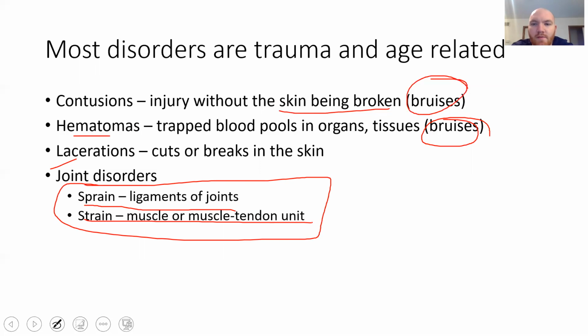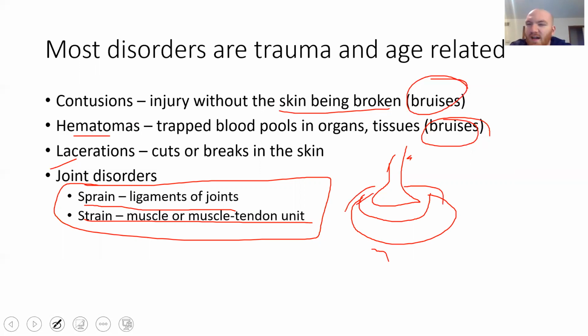So in a joint, this is not going to be the best drawing ever, but you have one bone here along the top, and then your other bone that it'll connect to. A ligament is a rope-like material that will hold the bones together, while the muscle is what will do the pulling. So remember that a sprain is on the ligaments and a strain is on the muscles.